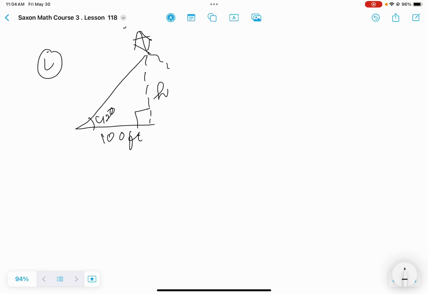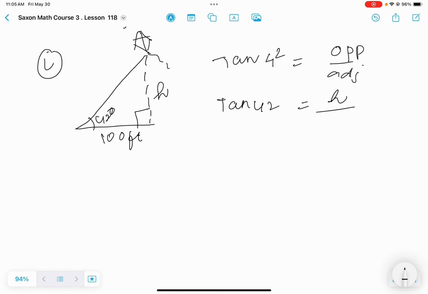So what do we have? Opposite by adjacent. That's tan. So tan 42 degrees is opposite by adjacent, right? Let's fill in: H is what we are supposed to find, and it's 100 feet.